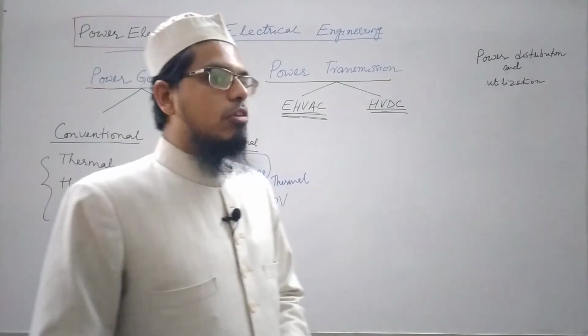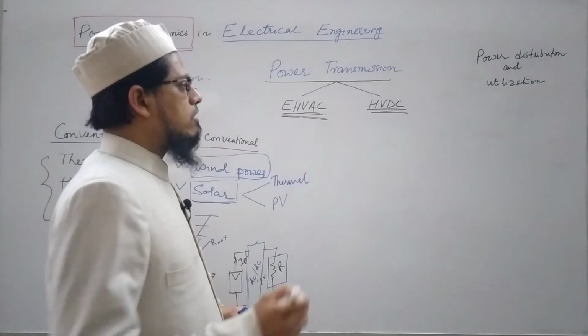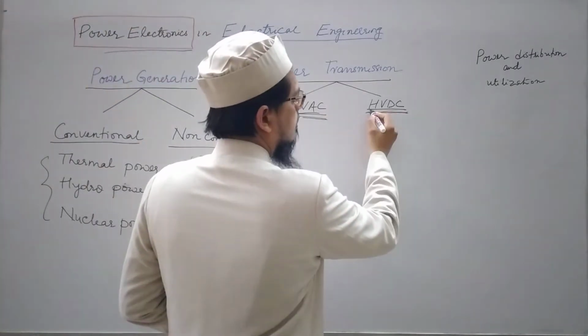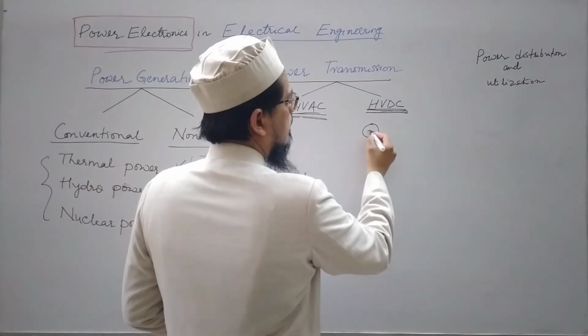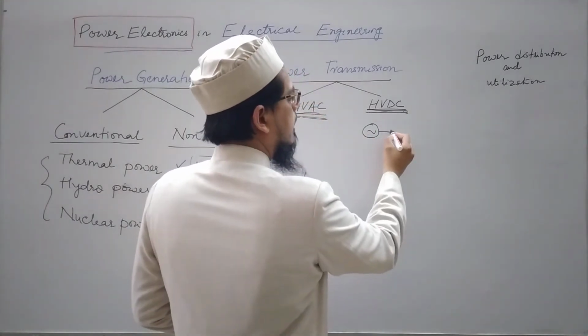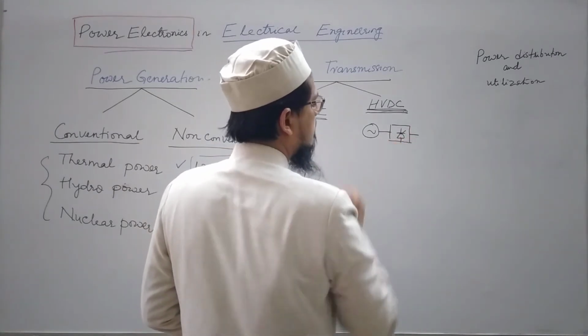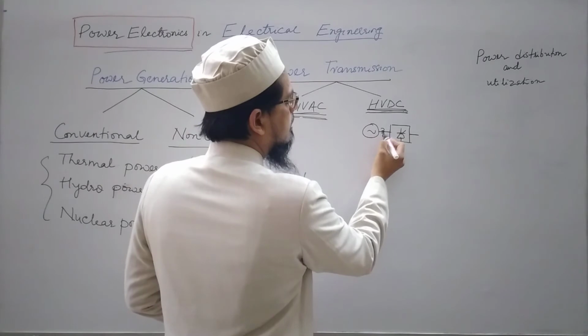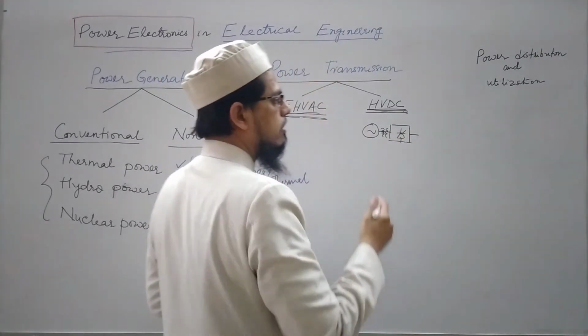Now what is the role of power electronics here? In HVDC transmission, what happens? Power is generated in AC form. Before that, the voltage level is enhanced so as to reduce the transmission losses.